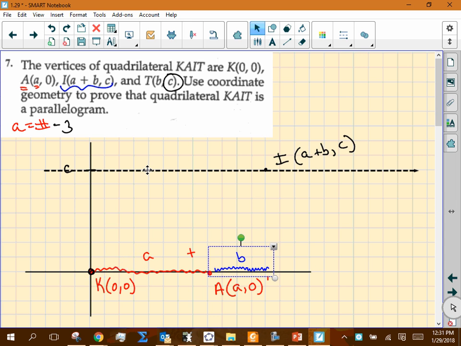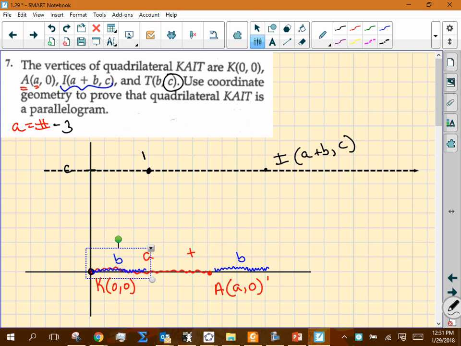So we'll just do it this way. We'll clone that distance. That distance b is placed there. And now I have T located at b, comma c, where that vertical distance c is the same as the vertical distance of c over here. So now I'm going to get rid of this line.